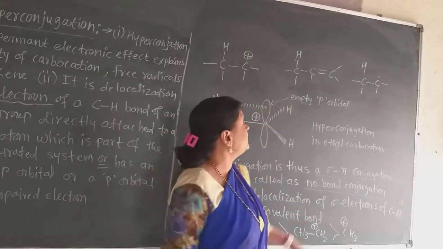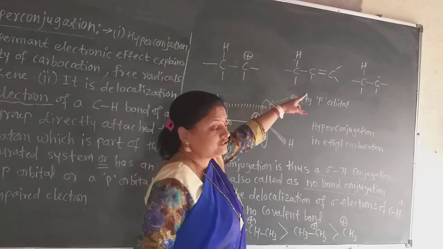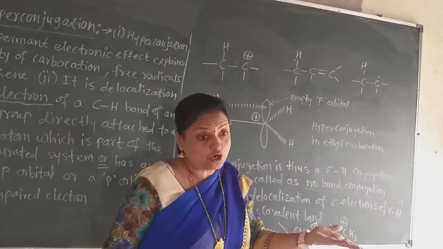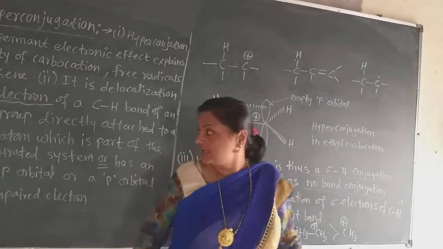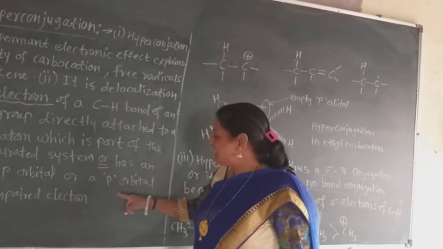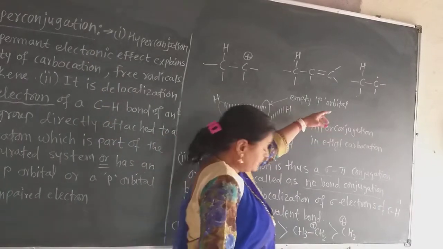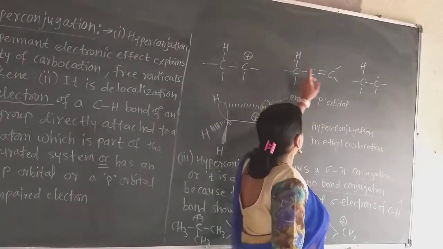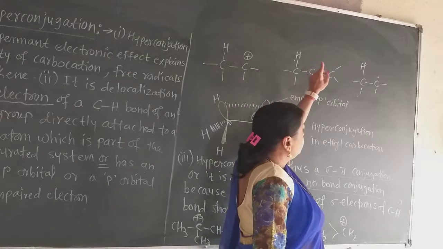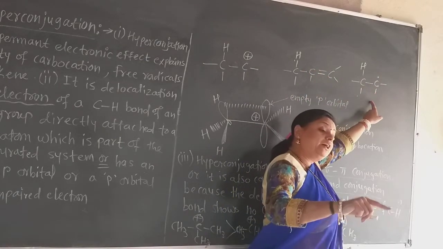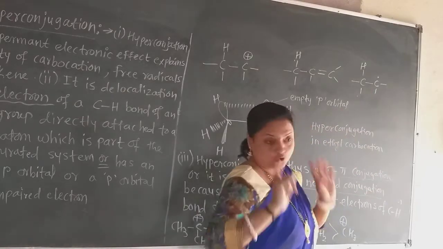This plus sign shows that there is an empty p orbital, that means no electron there. Or it has a p orbital with an unpaired electron. Here is the double bond, and here is the presence of a p orbital with only one unpaired electron.